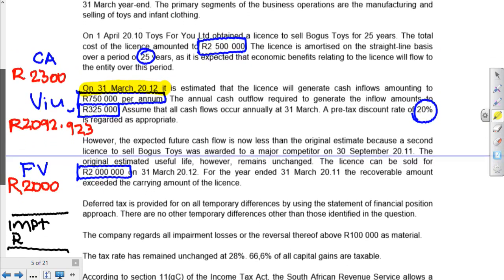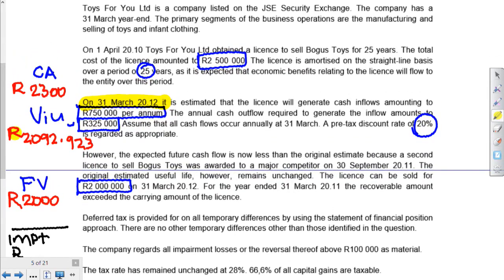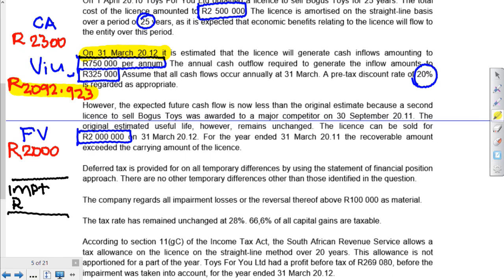How weird is that? Oh, there, now it's working. That's going to be my recoverable amount, and so my impairment is 207,077.